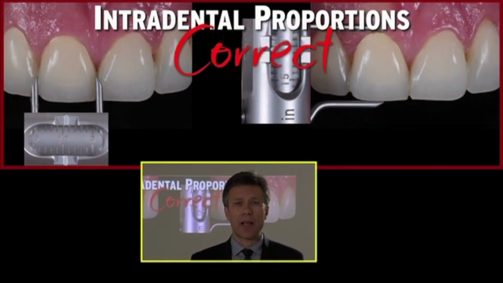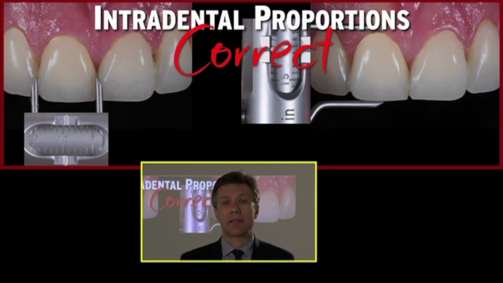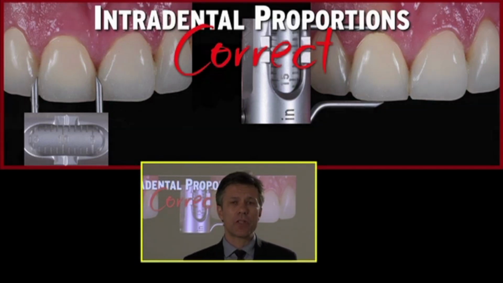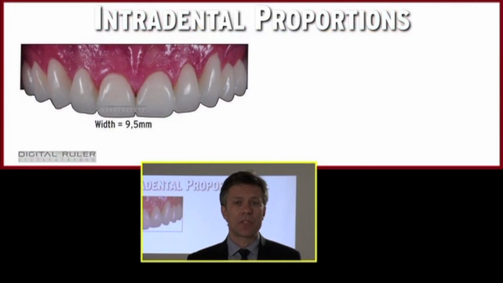Now it's time to do some fine tunings in the anatomy. So we're going to correct our intradental proportions. The tooth so far is a little bit square. As the patient is tall, the patient is strong, we thought that the patient deserves a taller tooth.